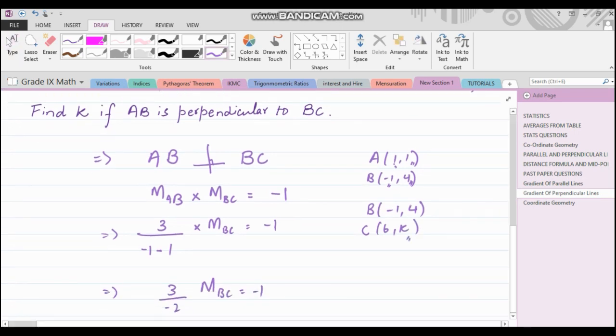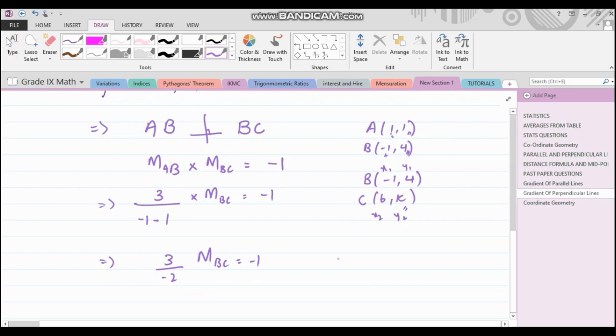So in this case of BC, my x1 and y1 would be from B, and x2 and y2 would be from C. So I'll just take out their slope, that is y2 minus y1, that would mean K minus 4, and x2, that is 6 minus x1, that would mean 6 minus -1. So minus and minus would result in a plus. So MBC is basically equivalent to K minus 4 upon 7.